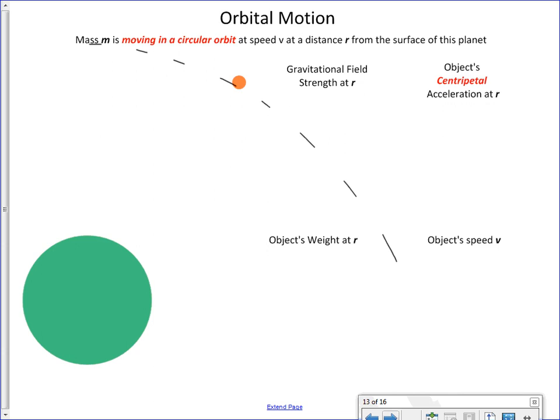It's cruising around this orbit at a nice constant speed, but changing direction at a constant rate, and it's at an orbital radius that we'll call r. Well, the gravitational field strength there is still G m planet.